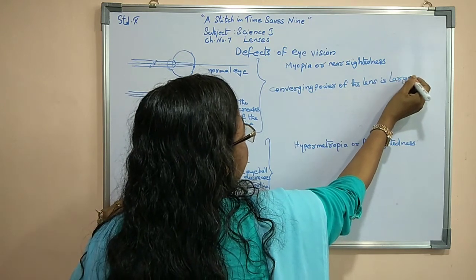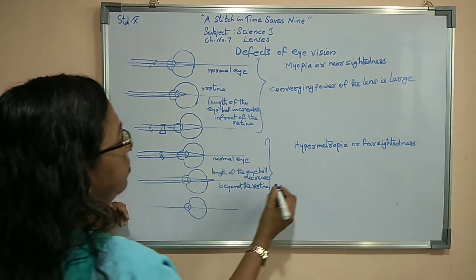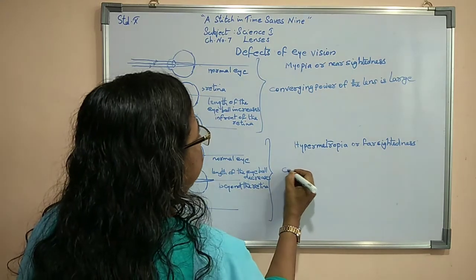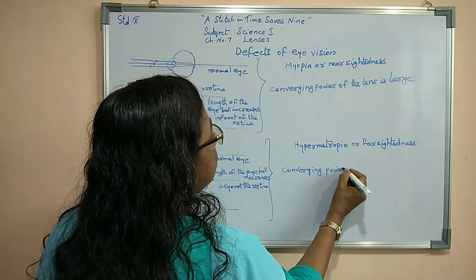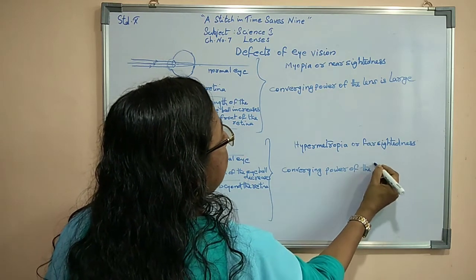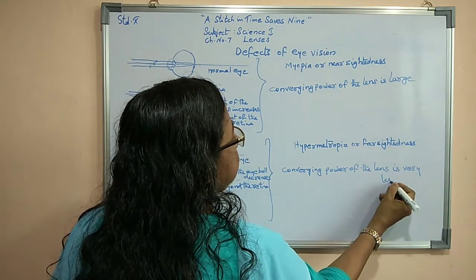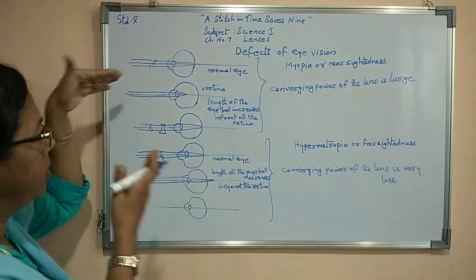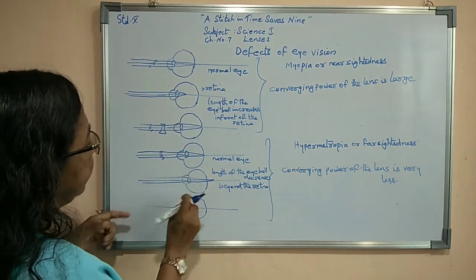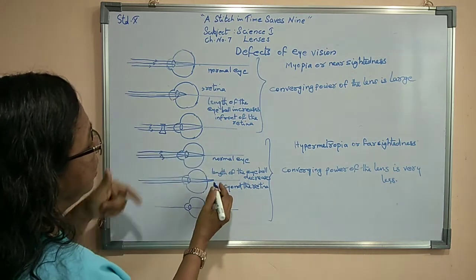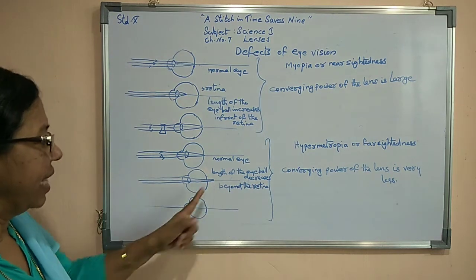At the same time, in this case, the converging power of the lens is very less. So in this case, converging power is more, because of that the image is formed in front of the retina. At the same time, in this case converging power is less, because of that the image is formed farther from the eyeball, we can say farther from the retina.